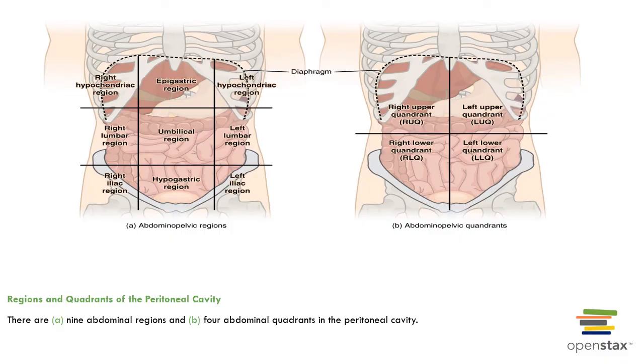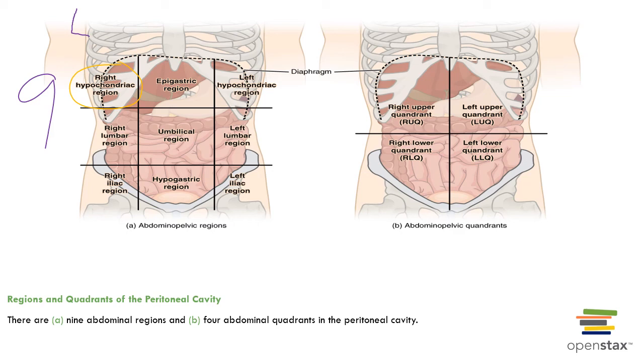So over here on the left, these are the abdominopelvic regions. Now there are 9 of them. We're going to start with the most superior. We have the right hypochondriac region. Hypochondriac means below the cartilage, so it's below the cartilaginous portion of the ribs.